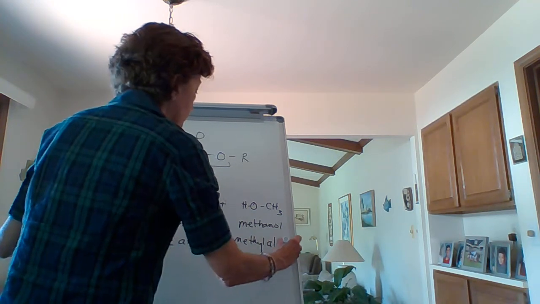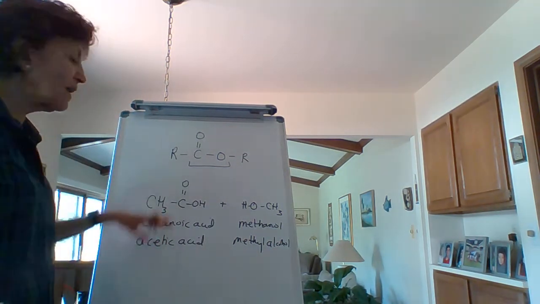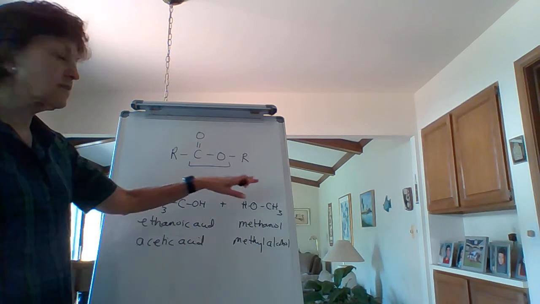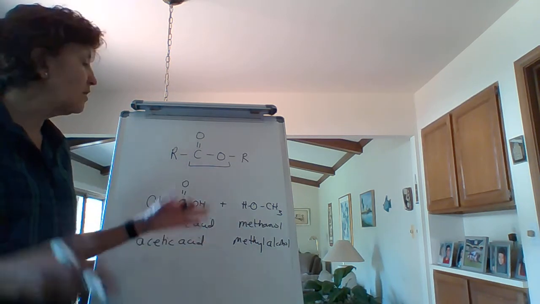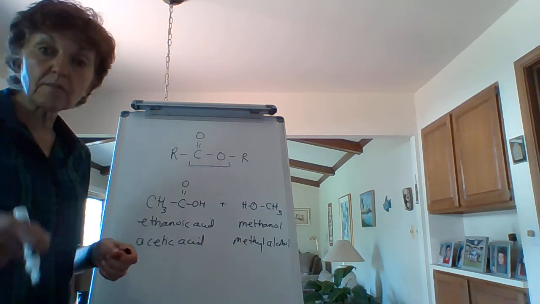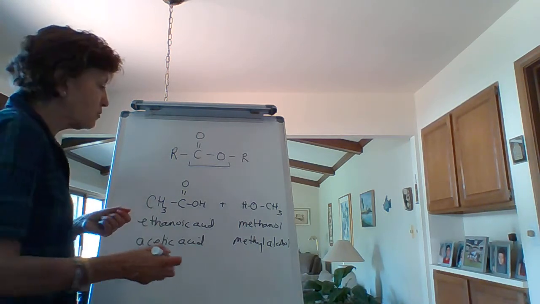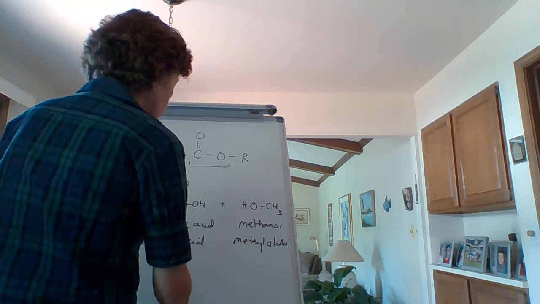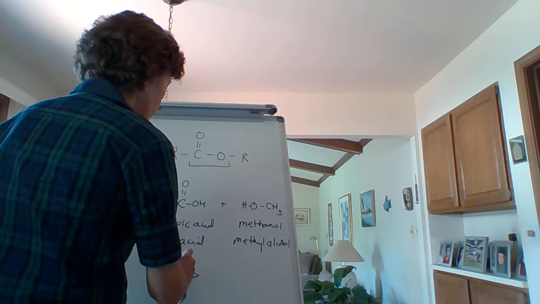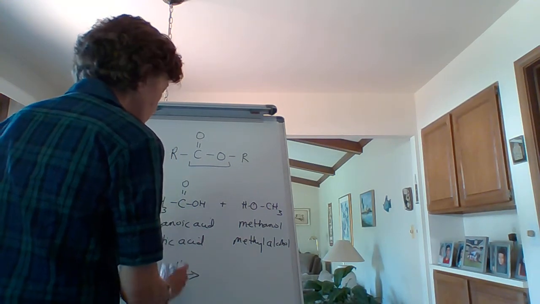Okay, remember from the alcohol chapter. All right, so we've got the name of the original carboxylic acid, the name of the original alcohol. Let's put them together, heat them up, add a catalyst, usually an acid catalyst will do, and heat. Let's do this for heat.